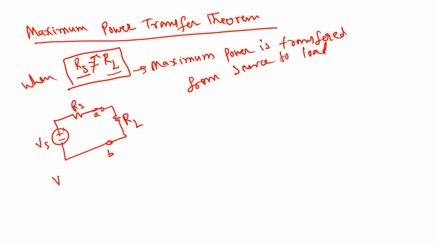So what is Vs here? Vs is the applied voltage or source voltage, in volts, and Rs is the source resistance.